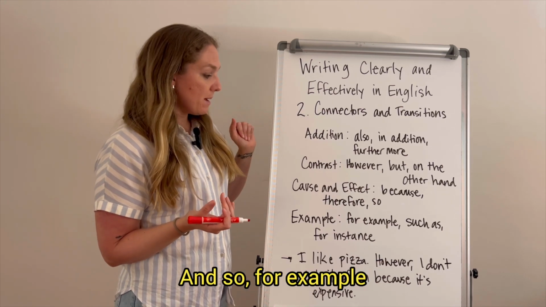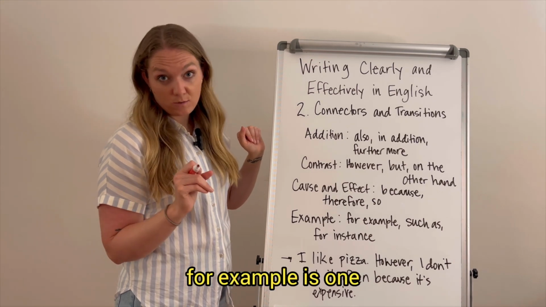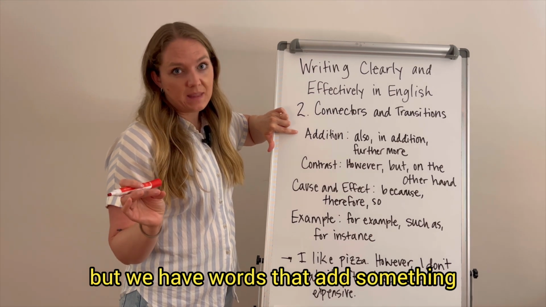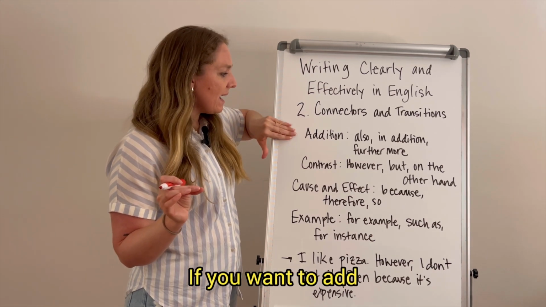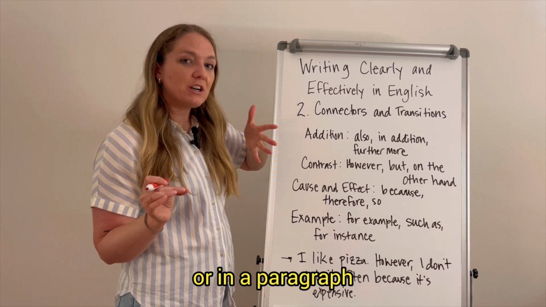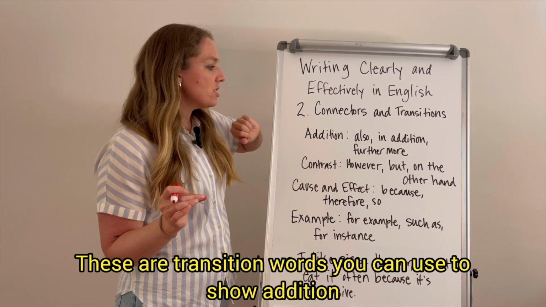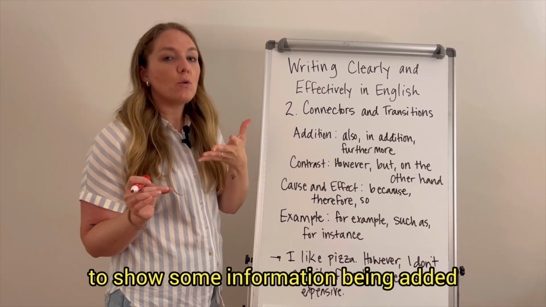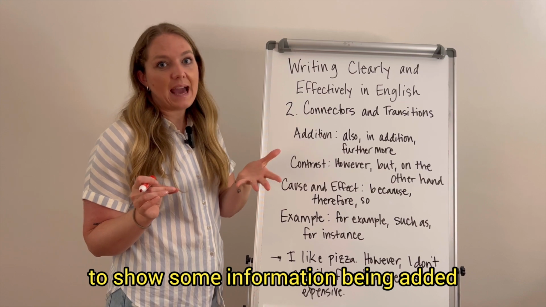And so, for example, we have words that add something. If you want to add information in a sentence or in a paragraph, these are transition words you can use to show addition, to show some information being added.